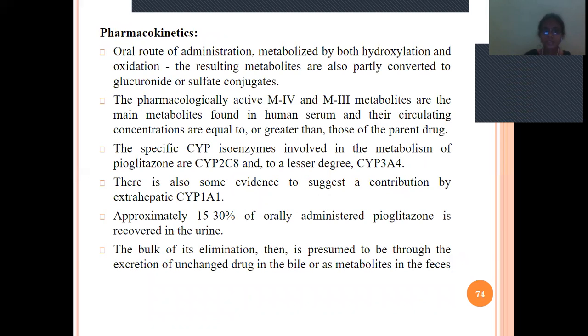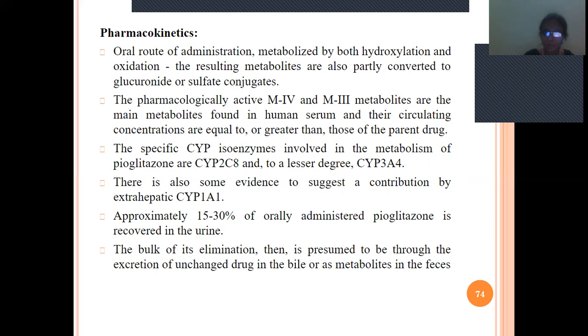And pharmacokinetics: it is given by the oral route of administration, and it is metabolized by both hydroxylation and oxidation. These metabolites are converted to sulfate and glucuronide conjugates. Pharmacologically, two of these are active metabolites mainly found in human serum, and they circulate at concentrations equal to or greater than those of the parent drug.